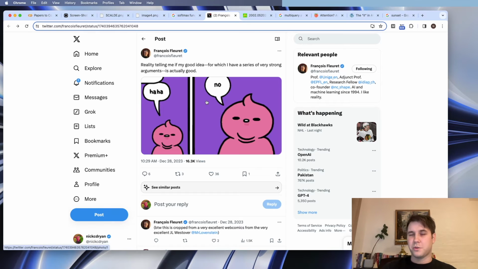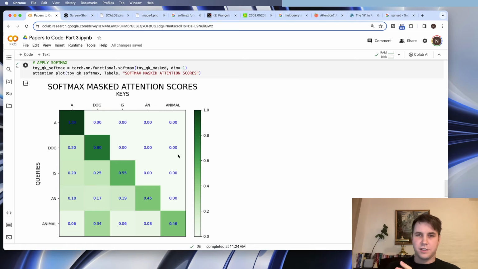No. So sometimes you have a very good idea and you think this architecture has got to work better. I have all of these justifications, all of these reasons. It often is the case that you go and test it and it's worse or the same, or it makes no difference.